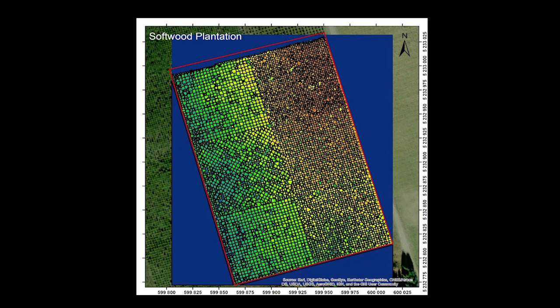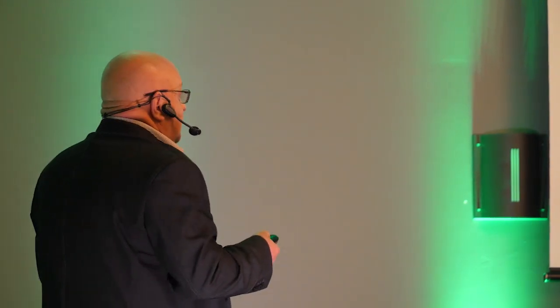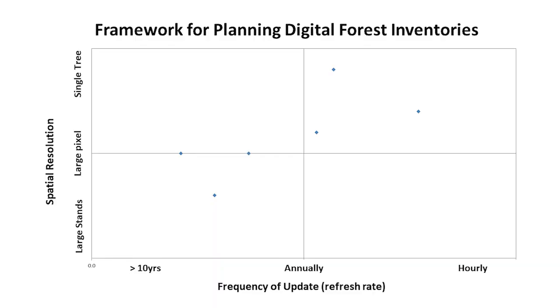So this is beginning to be quite powerful. We're working with JDI on doing this much earlier, like 4 or 5 year old plantations, in order to look at remedial silviculture and try to put those plantations on a trajectory. So very different tool belt, different inventories that are needed at that stage.